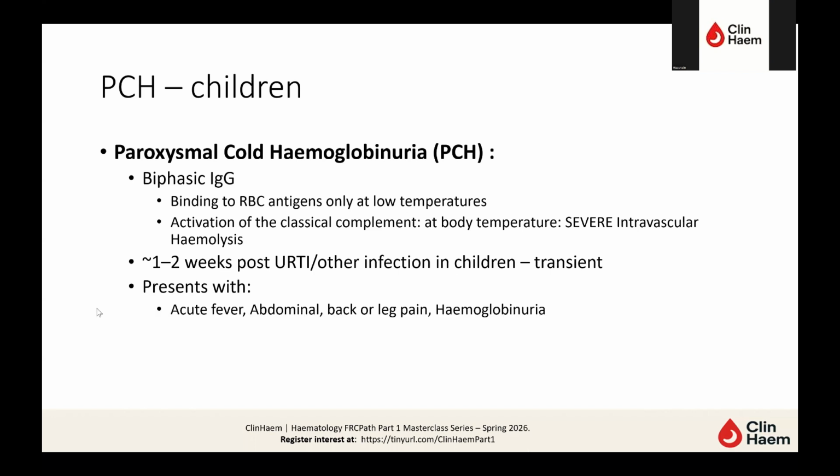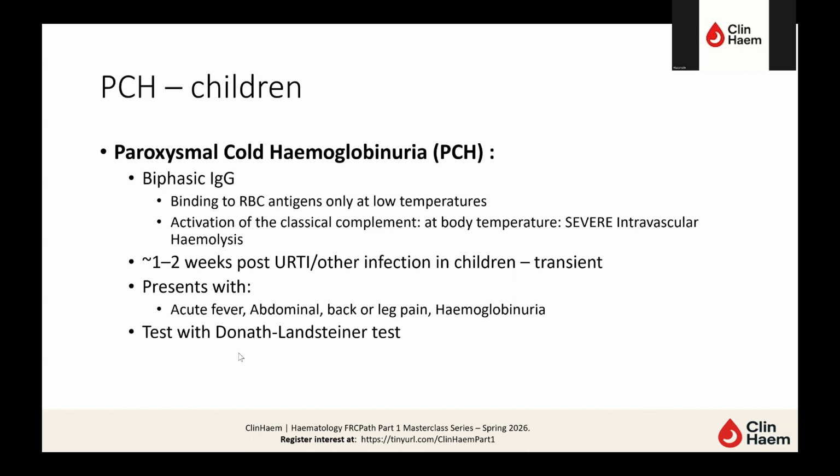And it presents with these features, which, as you can see, are the same things that you have in, say, an acute hemolytic transfusion reaction where the complement is being activated. So acute fever, abdominal pain, back pain, haemoglobinuria, because this is intravascular hemolysis, as happens in acute transfusion reactions as well.